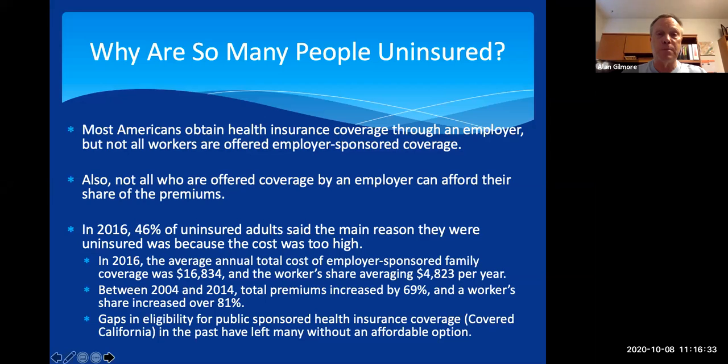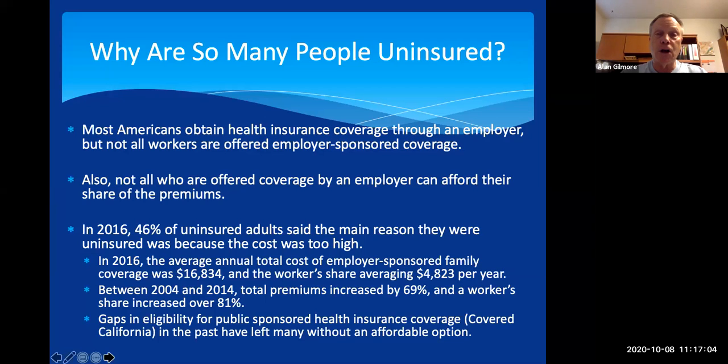of which the employee becomes responsible for. In 2016, 46% of uninsured adults said that the main reason they were uninsured was because the cost was too high. Either they had tried to purchase insurance independent from being in an employment situation, or when they added all of their family members, it resulted in too much of a deduction coming out of their paycheck if they were employed.